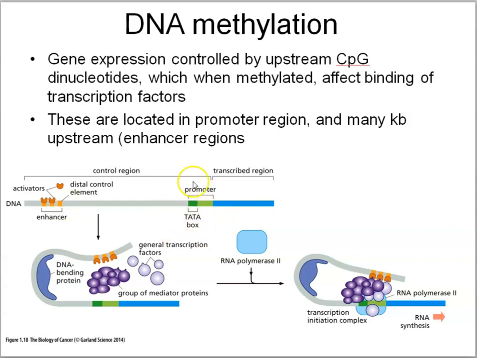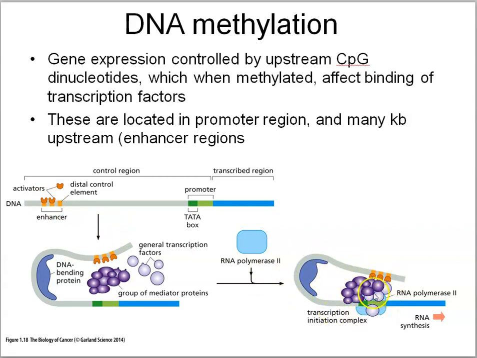So we think of a promoter as where RNA polymerase binds and where transcription factors bind, but it's more complicated than that. You have a group of general transcription factors, which are shown here in pale purple. We have RNA polymerase, which can bind, and that's what we need for transcription to occur. We've got all of these other mediator proteins which may bind to other activators which bind to DNA thousands of base pairs away.